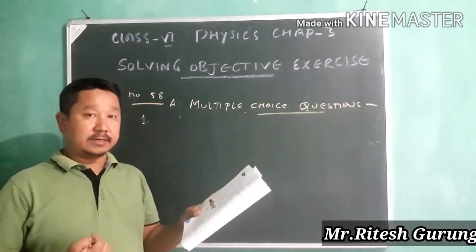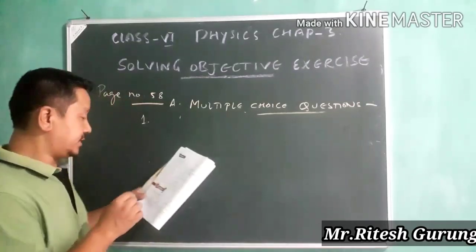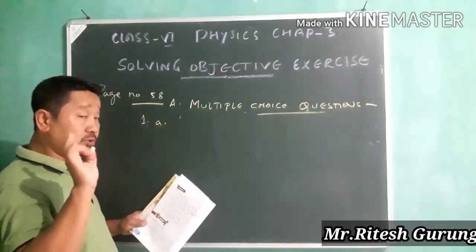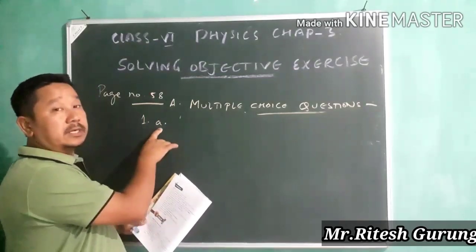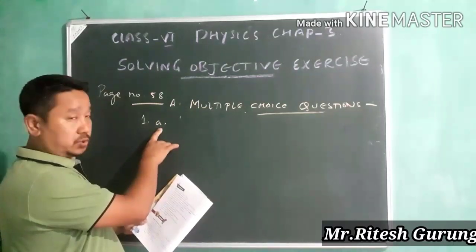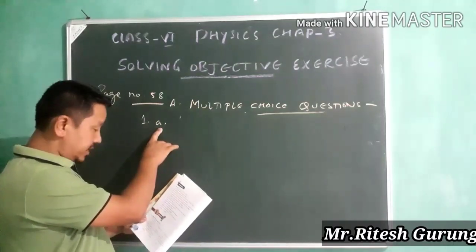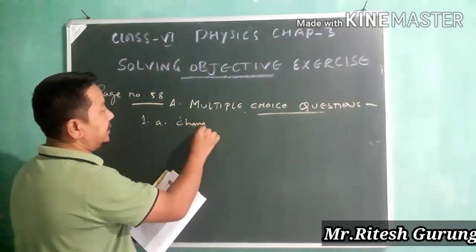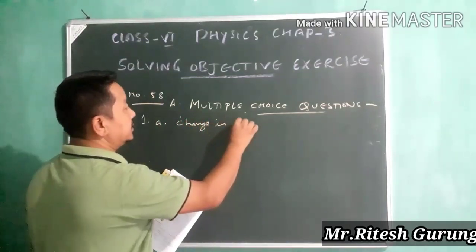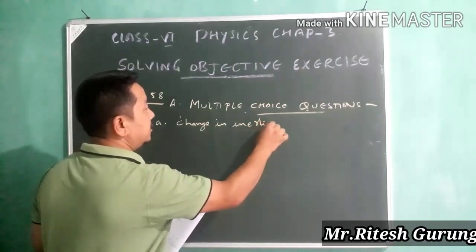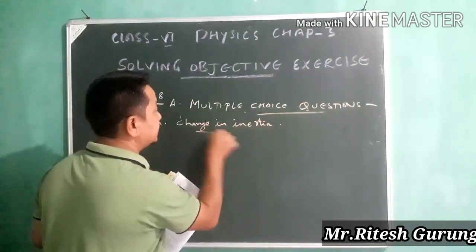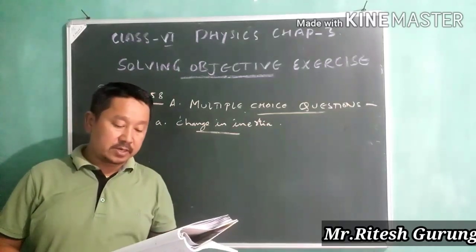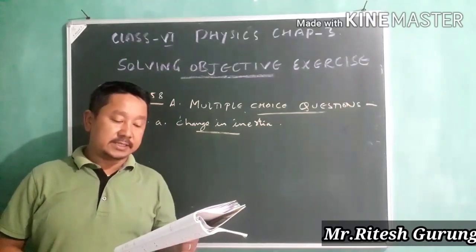My answer, the correct answer, is option number A. Don't forget to write the number of the option also in your answer. Number A, change in inertia. The force may cause in an object change in inertia.